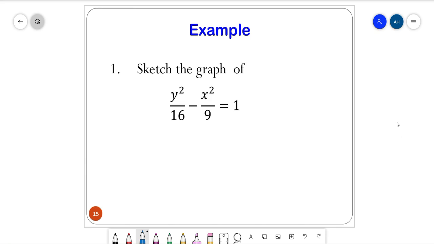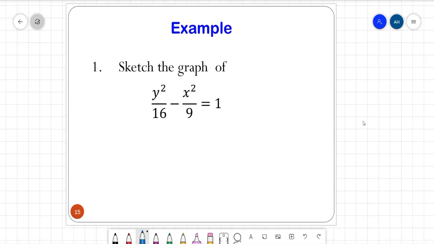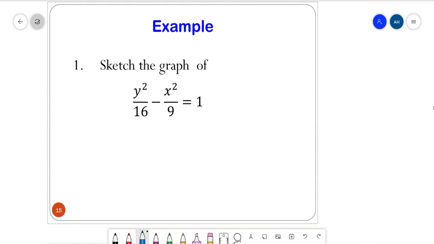So what can we get from this equation? Any information related to the hyperbola? Yeah, we have a square equal to what? Yeah, a square equal to 16, right? This is always a square. All right, so a square equal to 16. Therefore, a equal to 4.